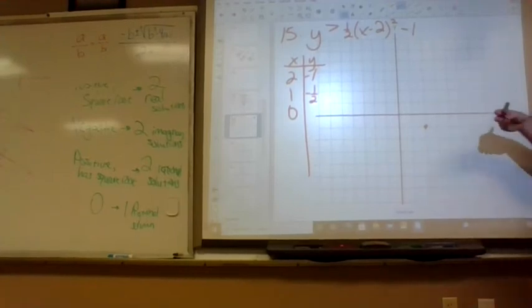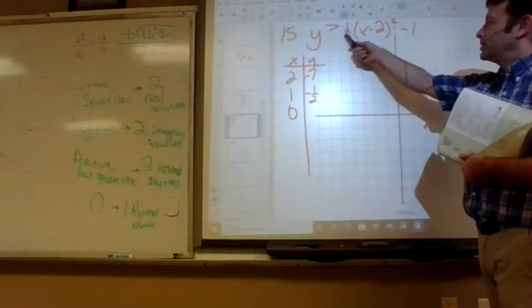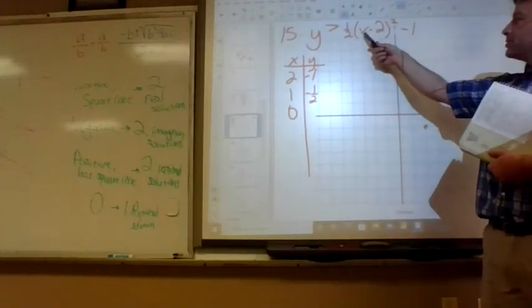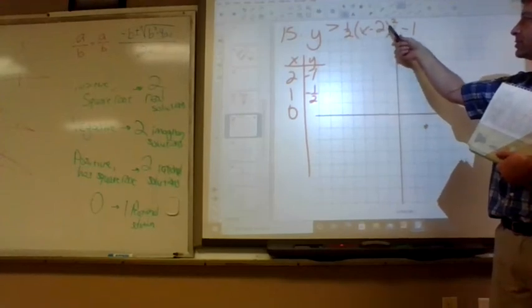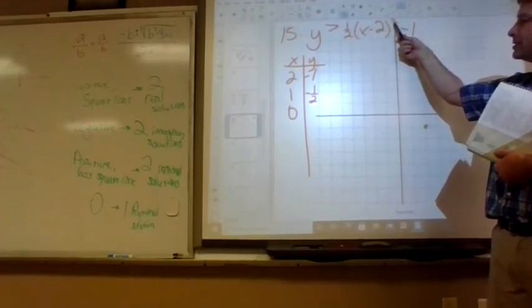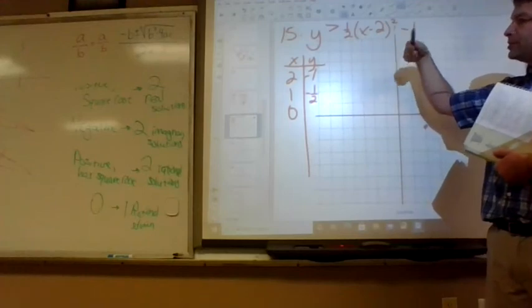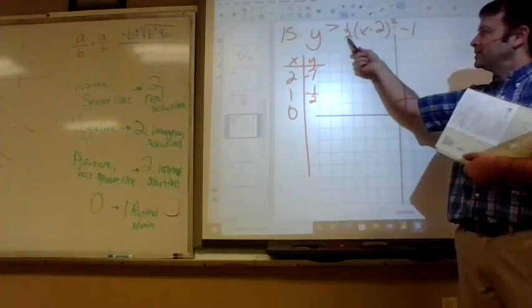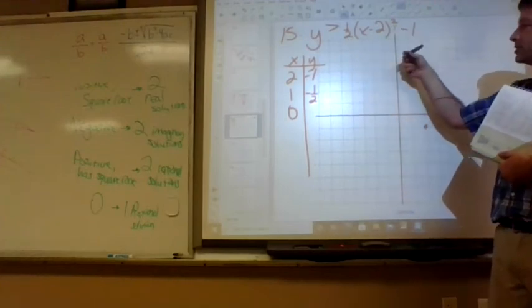You could just plug that all in your calculator. Just put a 1 right there and plug all that in. That would work. If I plug in a 0, 0 minus 2 is -2, squared is positive 4. Negative 2 times negative 2 is positive 4, times a half is 2, minus 1 is 1.